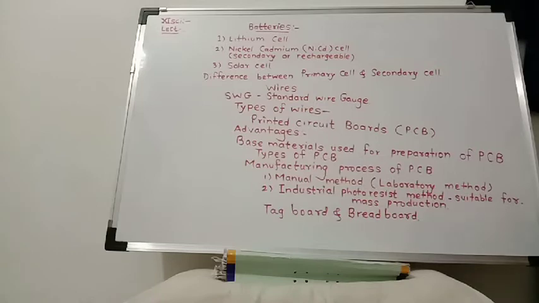The open circuit voltage means if no load is connected to this cell, no load resistance is connected, then the terminal voltage of this cell is about 2.9 volt to 3.7 volt, and the terminal voltage without load is called open circuit voltage. Then in the lithium sulfur dioxide cell, that is LiSO2 cell, the sulfur dioxide is kept in a liquid.